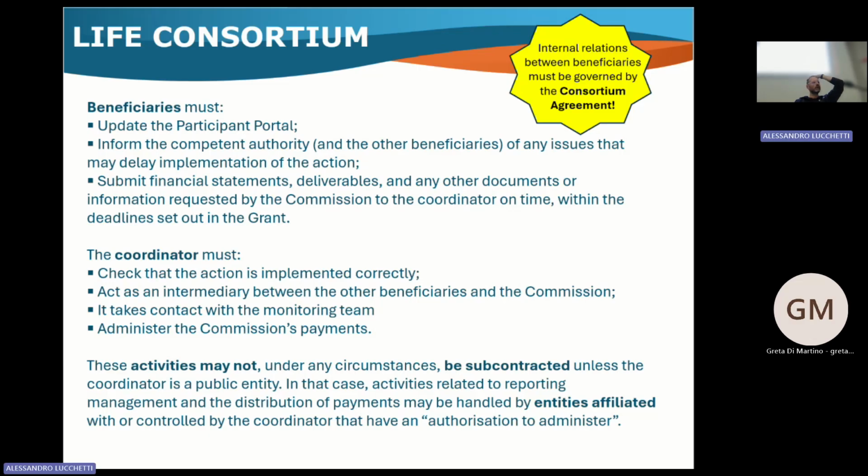At the very beginning of the project, you have to set up a consortium agreement where you report all the relationships between the partners, who is responsible for doing what, the budget, etc., the property of results, the sensitive issues.